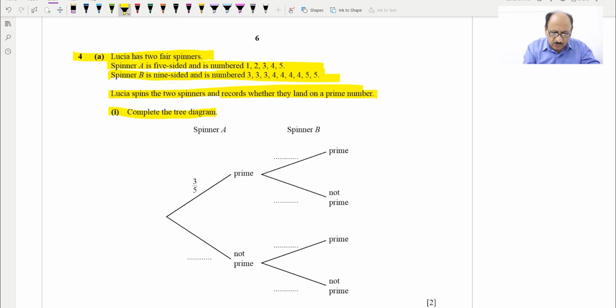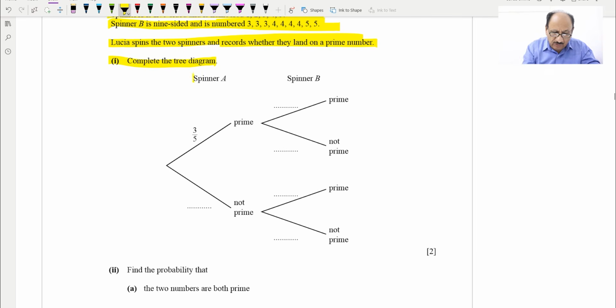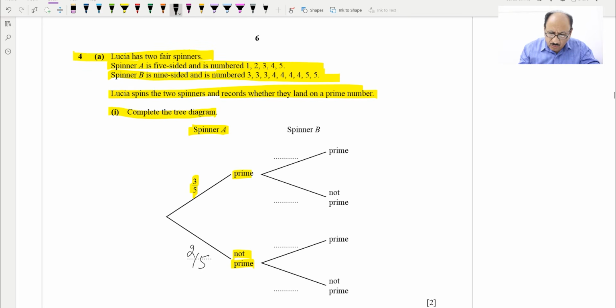So a tree diagram is provided, and we need to complete it. Spinner 1: prime and not prime. If prime is 3 by 5, not prime will be 1 minus 3 by 5, so it will be 2 by 5. Similarly, spinner 2 is spinner B. Prime numbers are what?